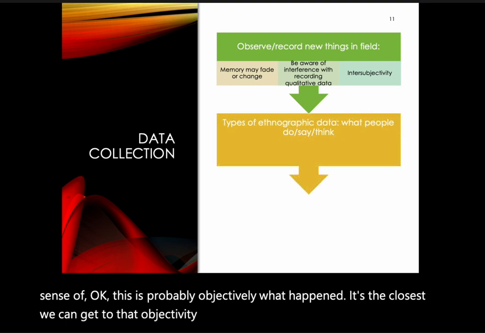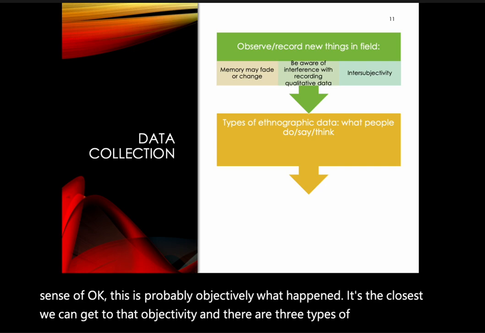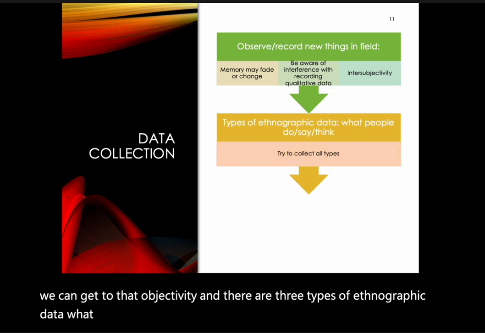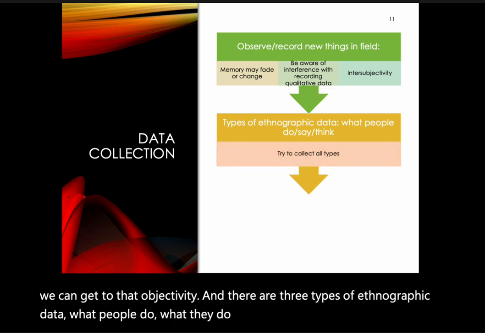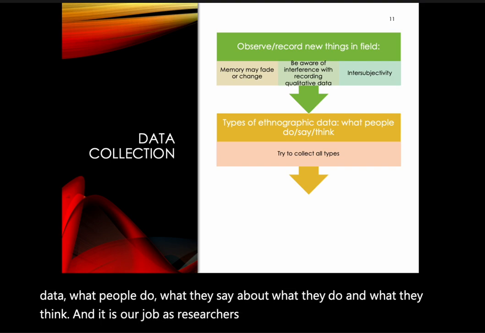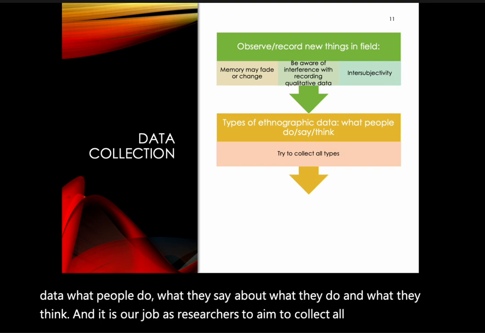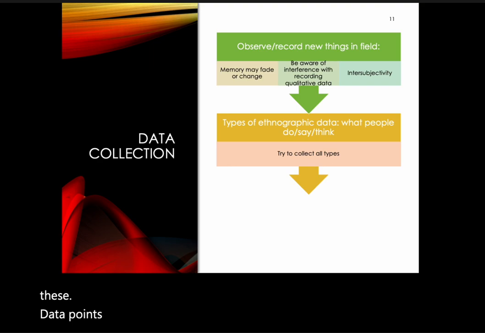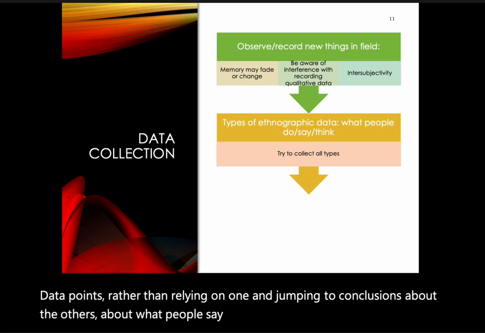And there are 3 types of ethnographic data: what people do, what they say about what they do, and what they think. And it is our job as researchers to aim to collect all 3 types of these data points, rather than relying on one and jumping to conclusions about the others, about what people say, what they do, or what they think.